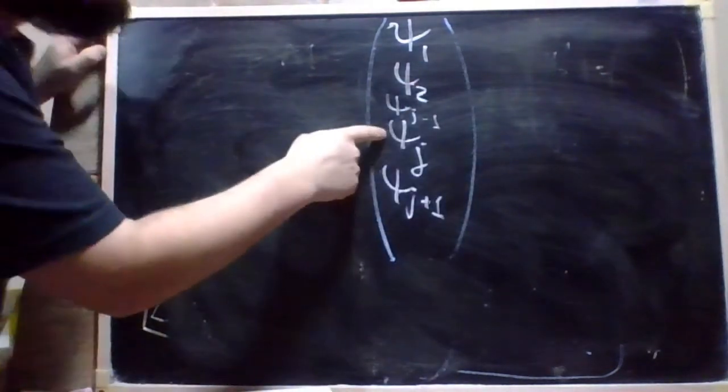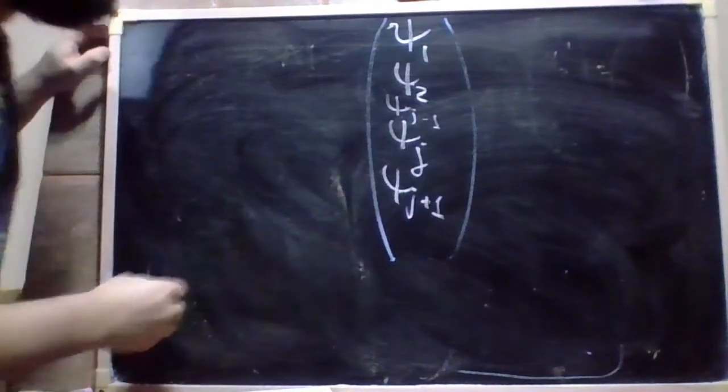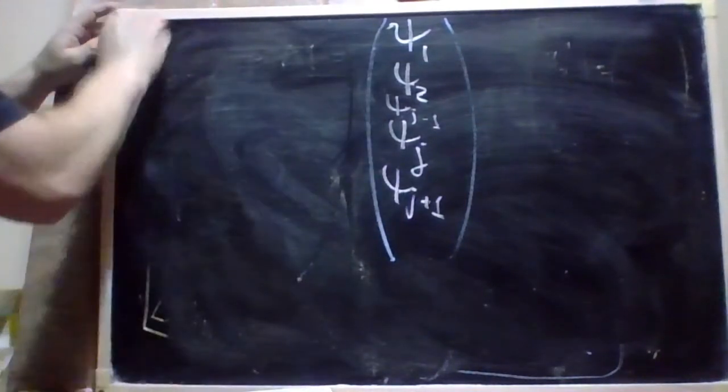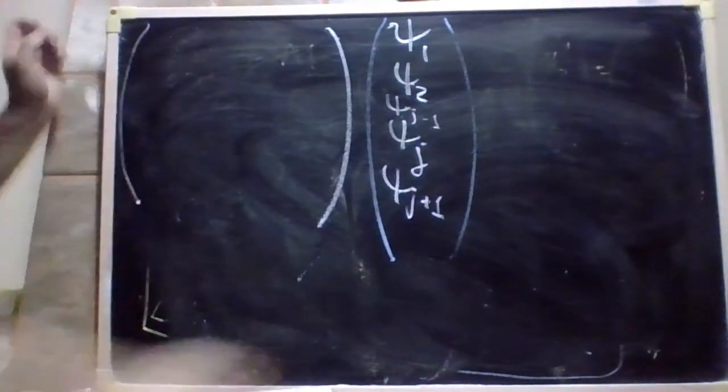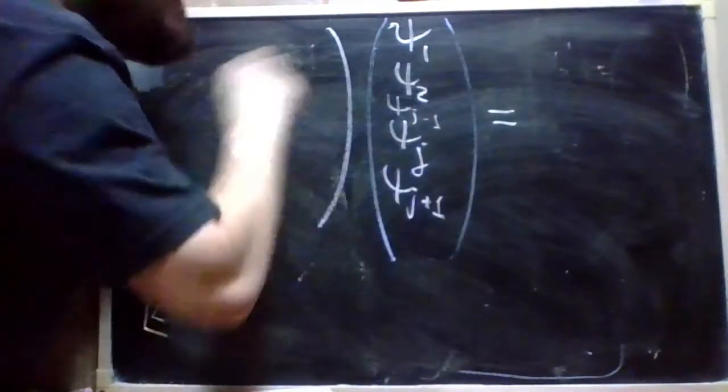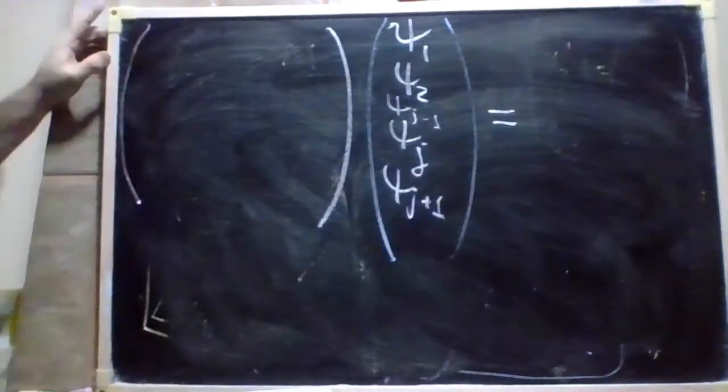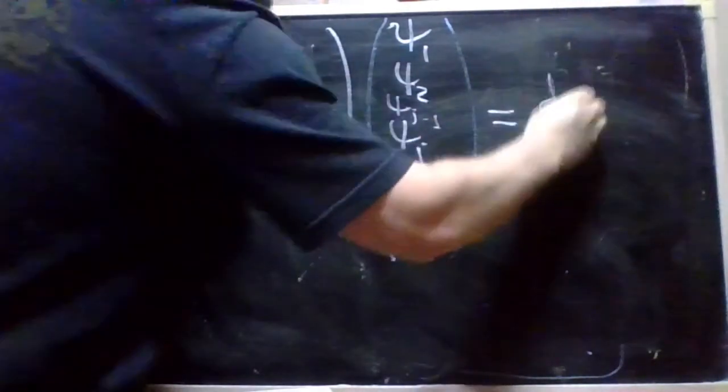I want to calculate the derivative at this point. So I will have a matrix here, which corresponds to the derivative applied to the vector whose result will be the derivative.